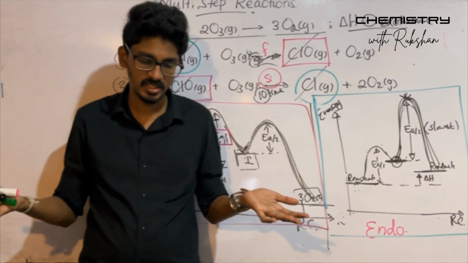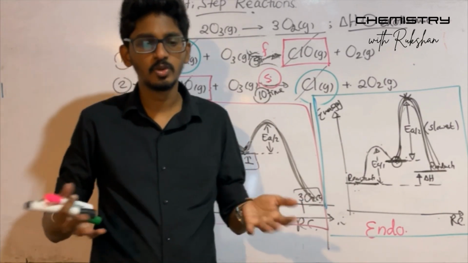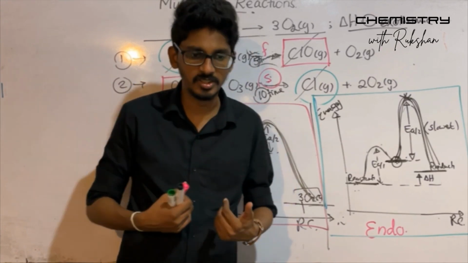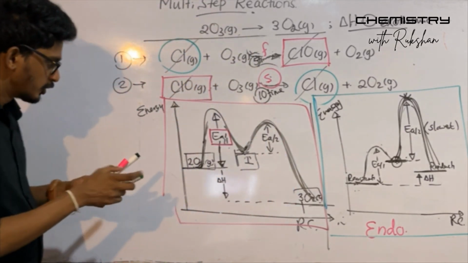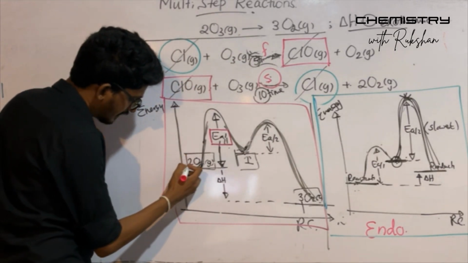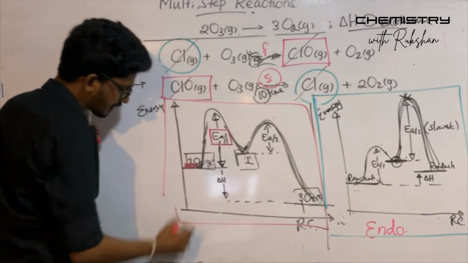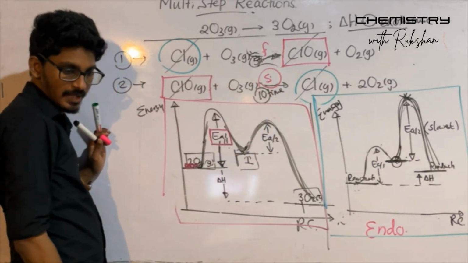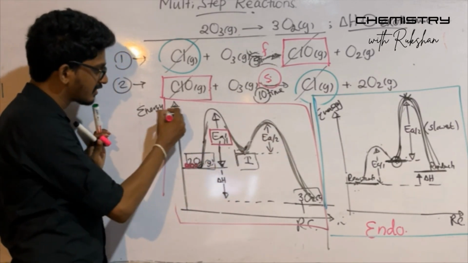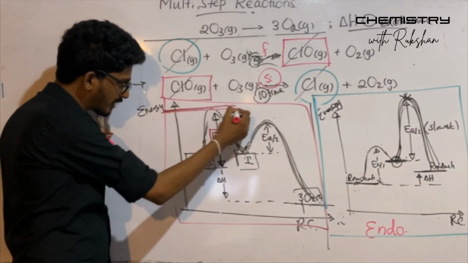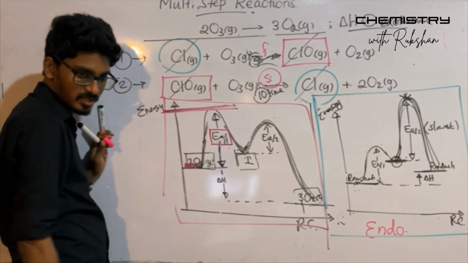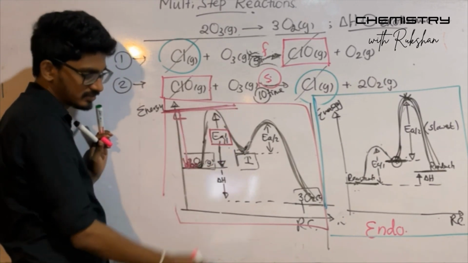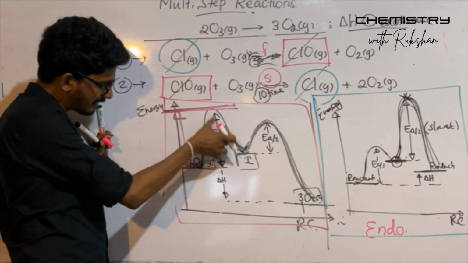Here you have the reactant molecules. The maximum height in this route is this. So the activation energy barrier is this. That is the same as the EA1.